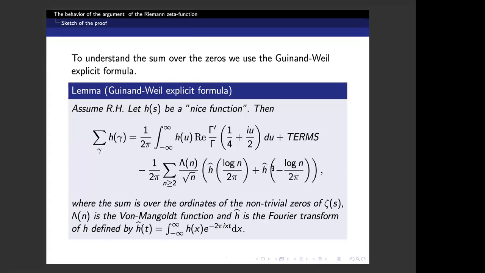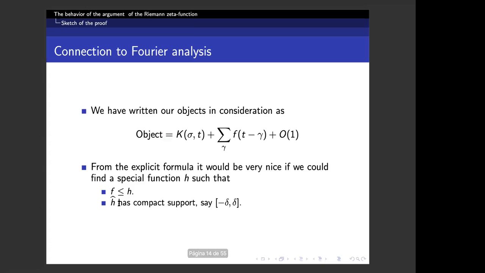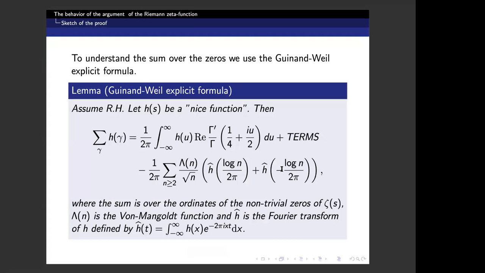This is a series, so it will be very nice if we can truncate the sum, if we can have just a finite sum. So I would like to find a special function h such that h is bigger than f, and the Fourier transform of h has compact support. In this case, this series will be a finite sum, and I can evaluate it.